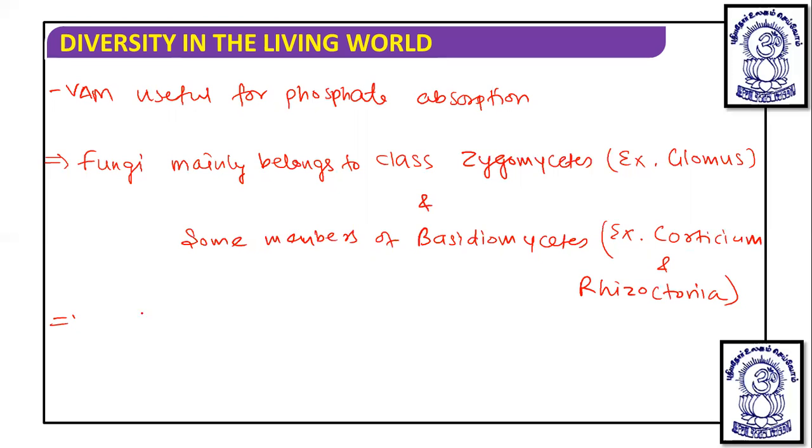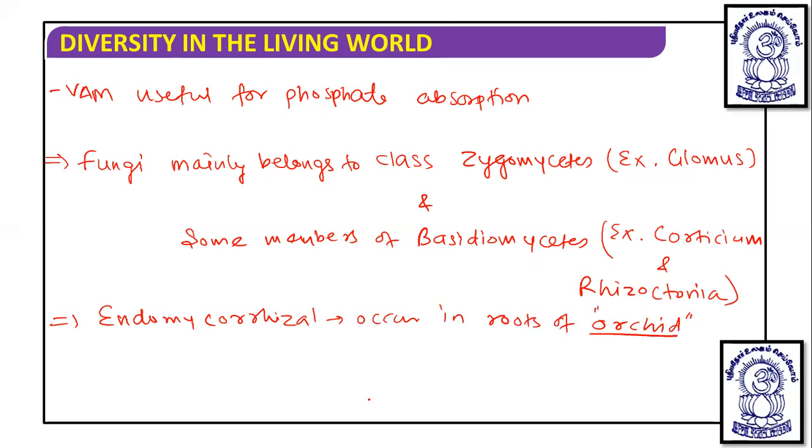Now it is known that endomycorrhiza occurs in roots of orchids, and with orchids the Armillaria fungus is also found associated, and it is known that orchids are in obligate or permanent dependence on the mycorrhizal association.